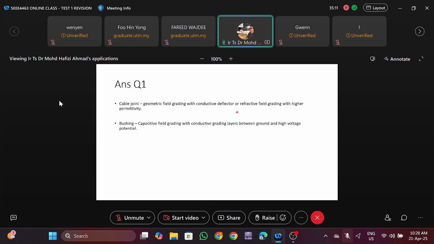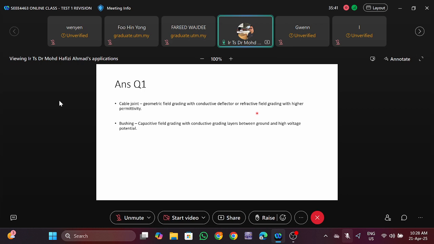Another thing we can use is semiconductive tape. What we are going to see here is called refractive field grading, because semiconductive tape has a material with higher permittivity, so that it can refract the electric field, and the electric field is not focused at one point.